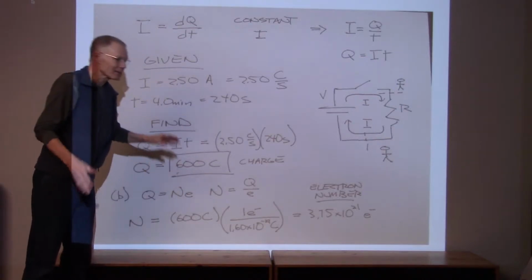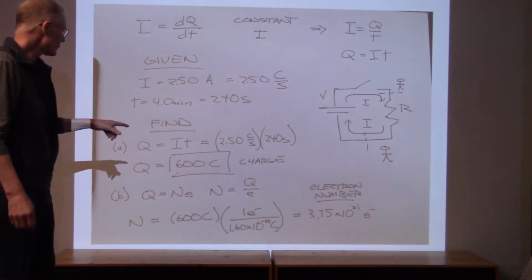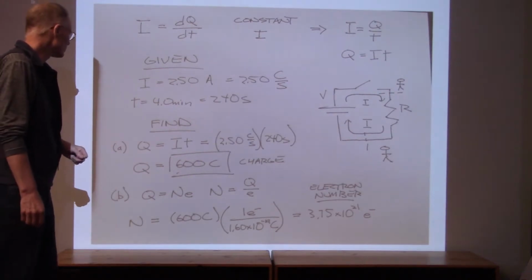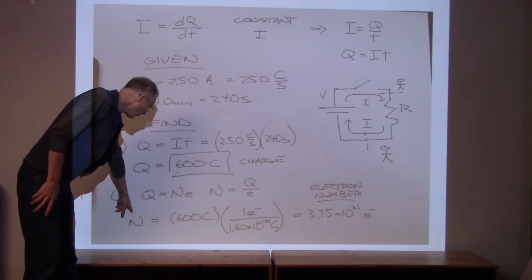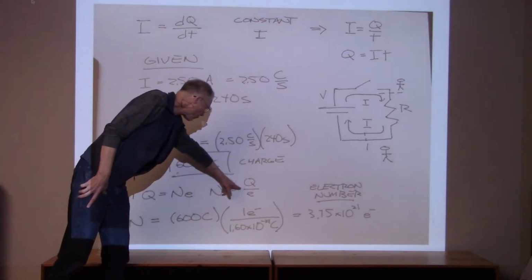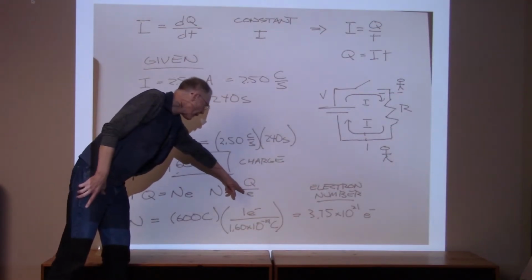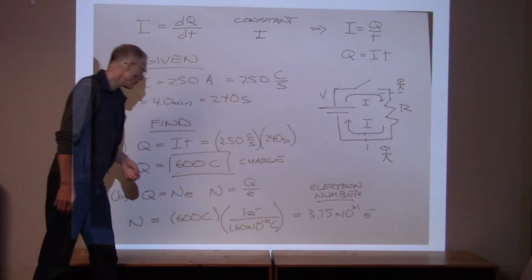The little e there is kind of like an electron, but in this formula, little e represents the fundamental charge. So I can say the number of electrons going by would be equal to the total amount of charge divided by the fundamental charge, the charge that each electron carries with it.